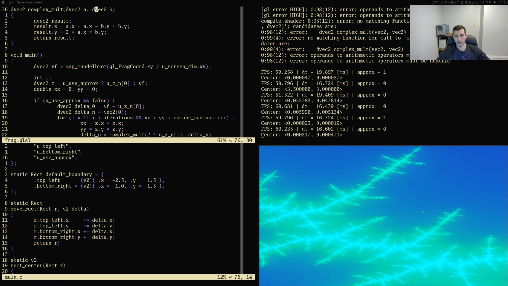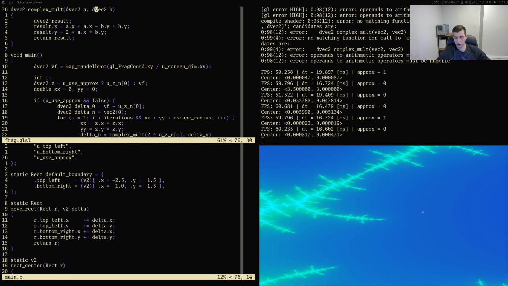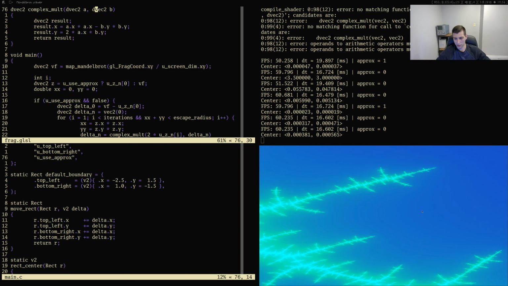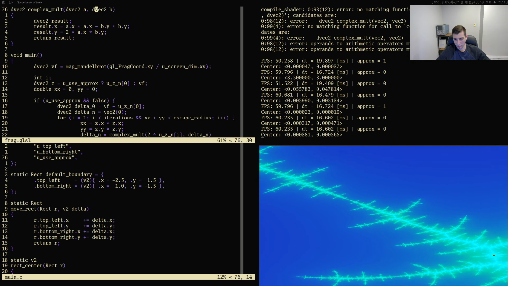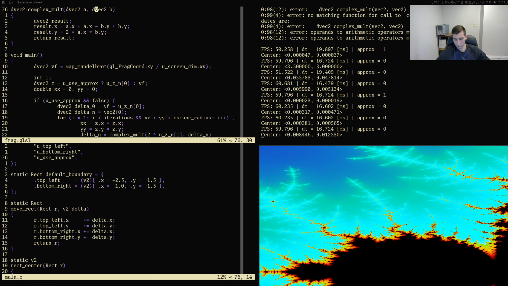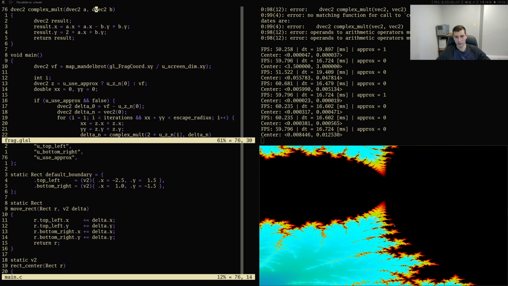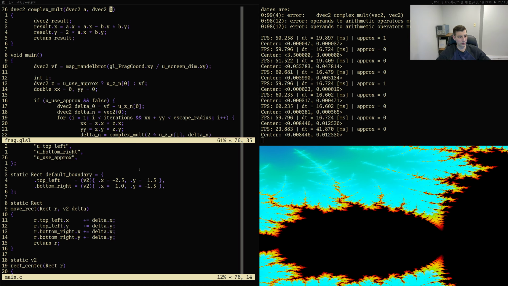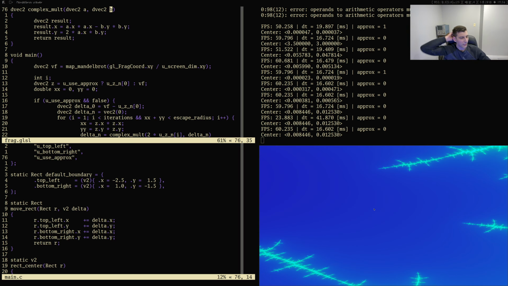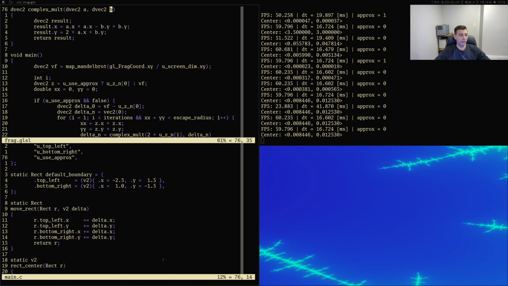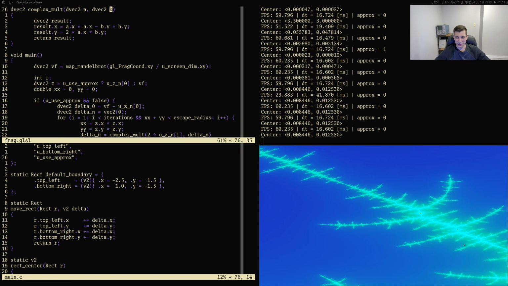I should find somewhere better to zoom in on. Hello. Ooh, that starts to, whoa, whoa, whoa, we don't want to do that. Yeah, so the double is way, way, way slower than the float. I definitely dropped some frames by doing that.